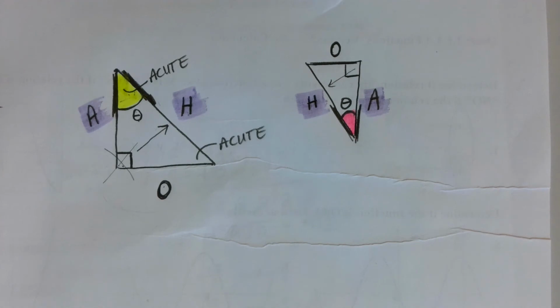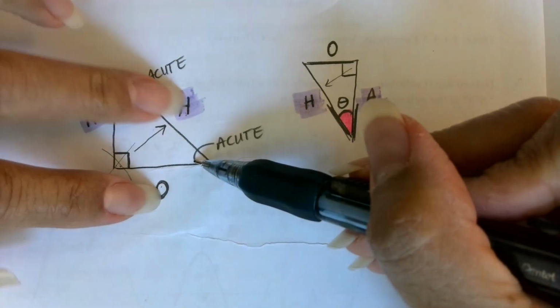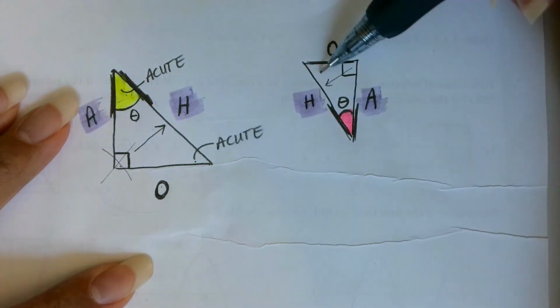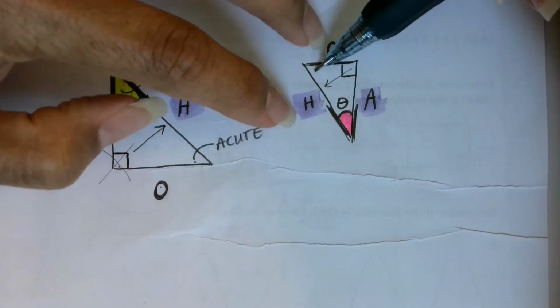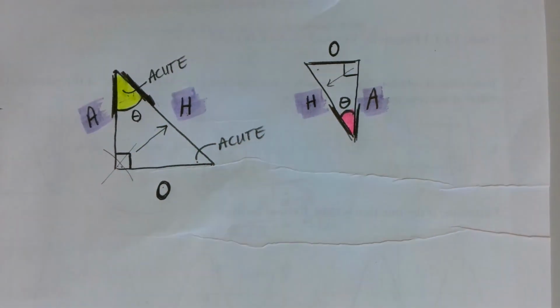Okay? It hugs the angle where you're standing at. So if I was standing here, okay, this and this would be my AH. If I was standing up here, these two would have been my AH. Okay? So make sure you guys understand that labeling.